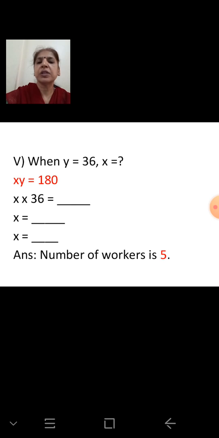Then x is equal to, your 36 will go to the other side of the equality, so 180 divided by 36. So when you divide 180 by 36, 36 ones are, and then accordingly 36 fives are, or slowly you divide the way you are comfortable with. First with 2, first with 9, the way you are, and show the working. So your answer here is 5. So 5 is x, which is the number of workers.